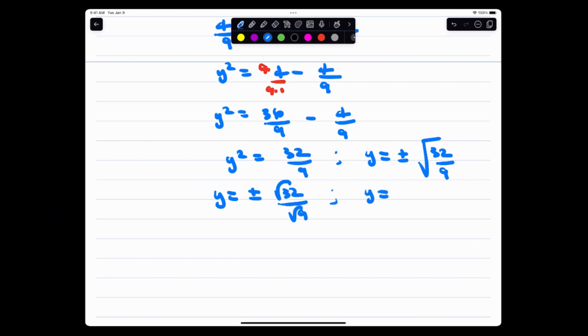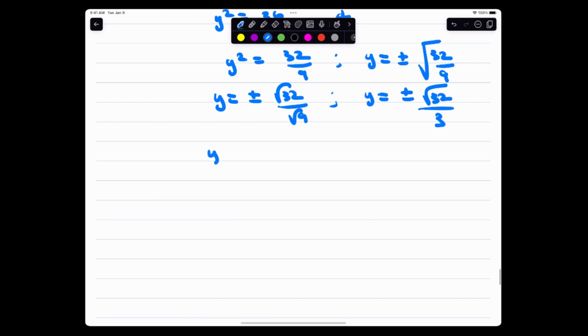Y will be plus or minus. You guys can simplify that square root of 32, right? And that's over 3, by the way. 16 times 2, is that right? That'll be 4 square root of 2 over 3. Now, what am I saying about this here? You guys notice anything about this?